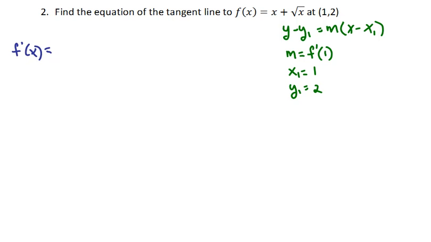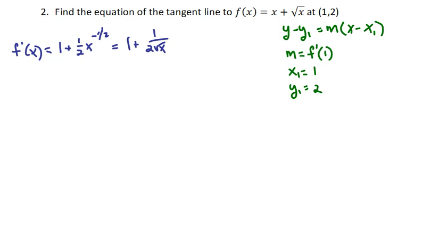The derivative of x is just 1, and the derivative of square root of x is going to be 1/2 x to the negative 1/2 power. If we write that with positive exponents, that's 1 plus 1 over 2 square root of x. And that is the derivative of f.